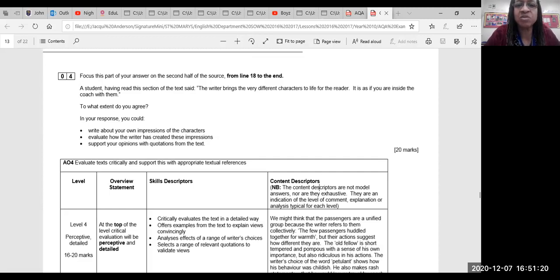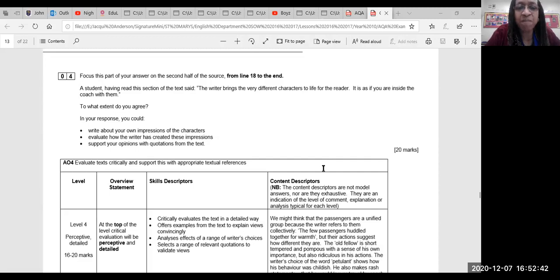So what I'm going to do is to also put the mark scheme up again so that you can have a look. Right, so this is the mark scheme for the last question.